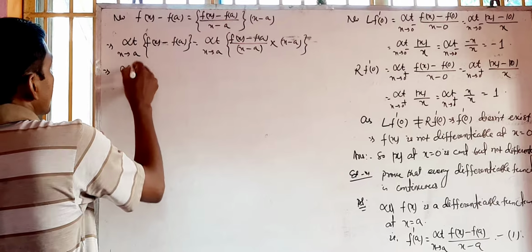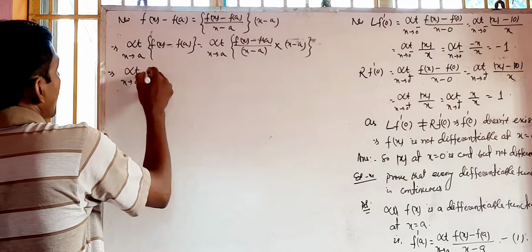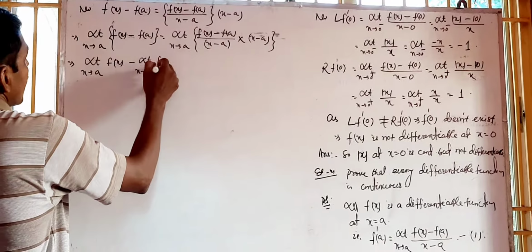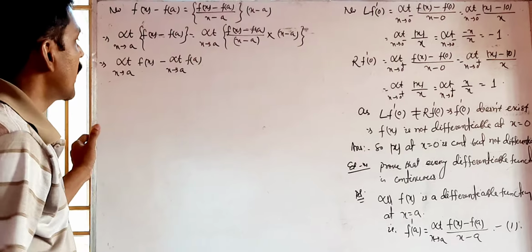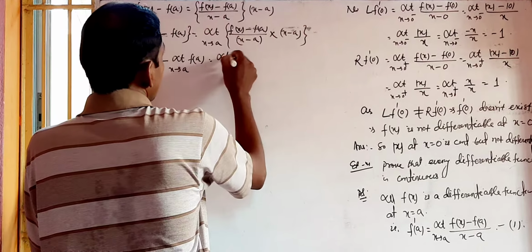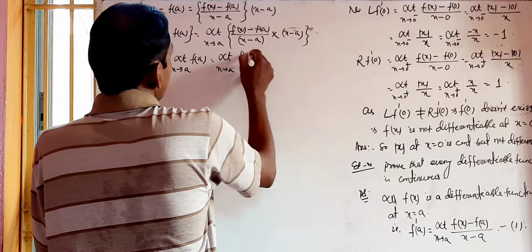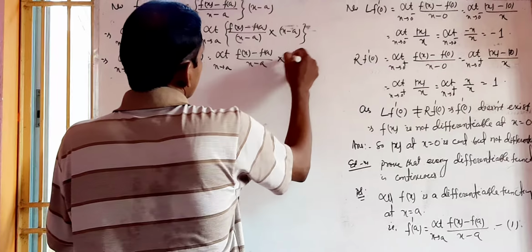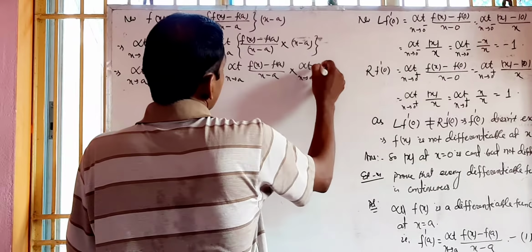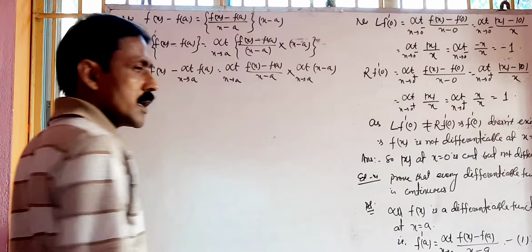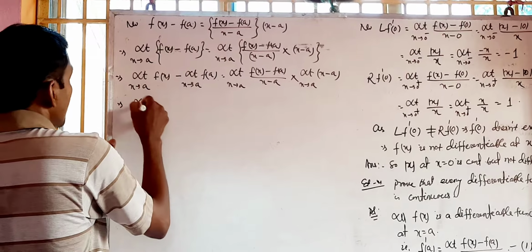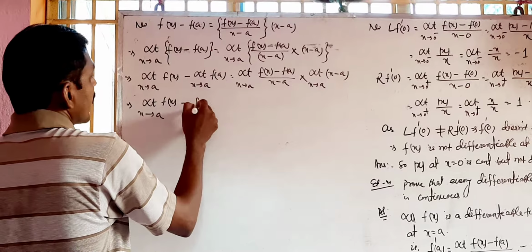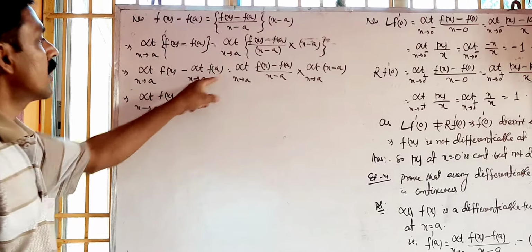Now separate the limit. Limit of f of x as x tends to a, minus limit of f of a as x tends to a, equals limit x tends to a of f of x minus f of a by x minus a, into limit of x minus a as x tends to a. This implies limit of f of x as x tends to a, minus f of a, because here x is not there, so it is constant.